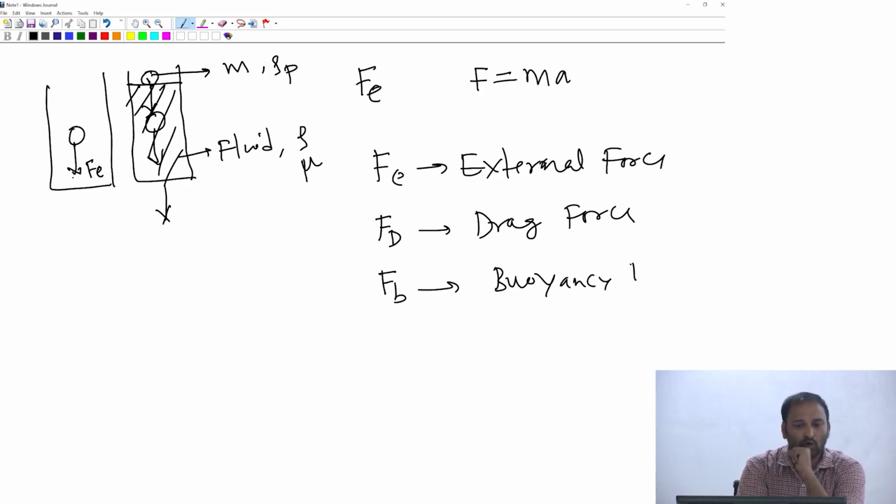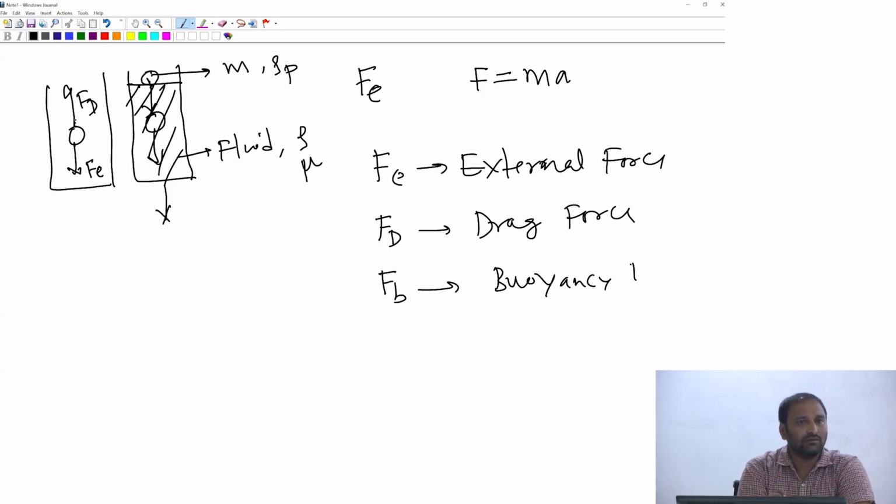The direction of Fd, the drag force, is going to be acting up, right? Because we know that the drag force opposes the motion of the particle, and typically it acts in the direction opposite to the external force, parallel to the external force as well.